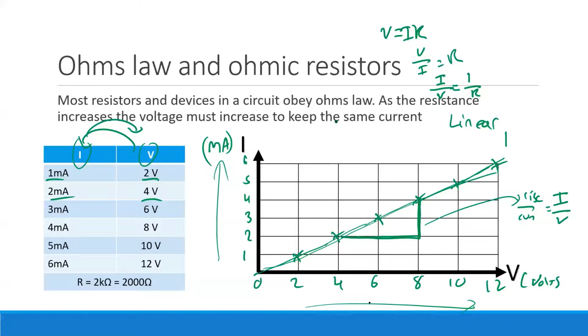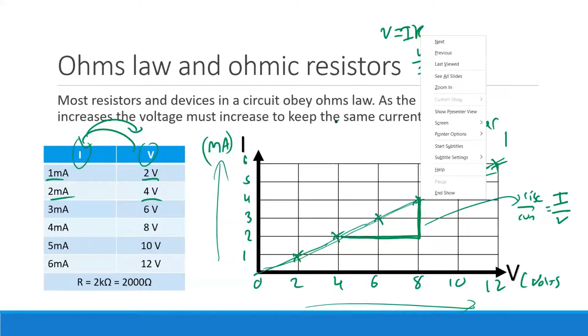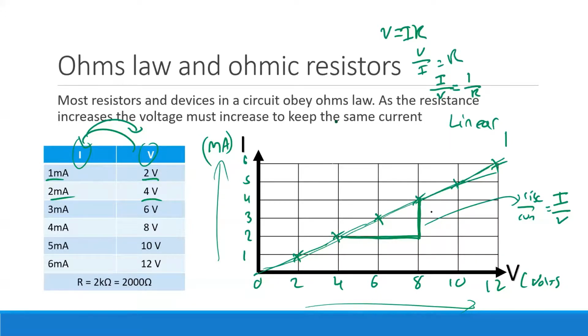So if I look at this part of the graph here, the rise is from 2 to 4. So that's a rise of 2 milliamps, and it's a run of 4 volts.